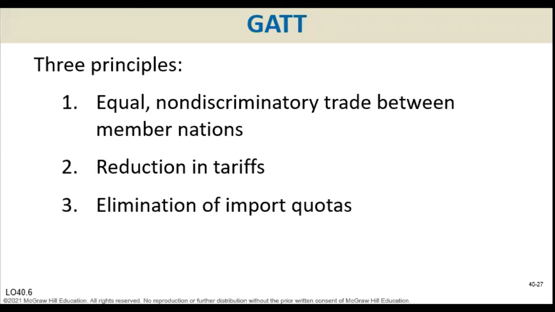Since then, tariffs on thousands of products have been reduced or eliminated. Overall we see a decrease in tariffs by 33%.